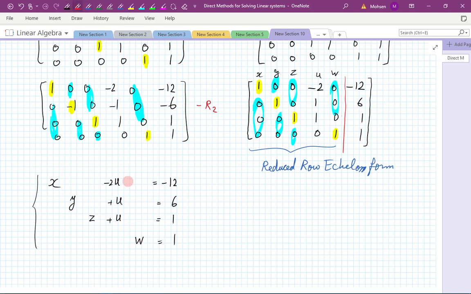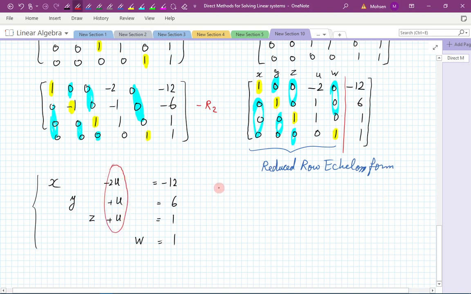What we do is that the variable that's not associated with one of our pivots, that one is going to be declared as a parameter or a free variable, and we might as well take it to the right hand side. So we take this odd man out that is here.